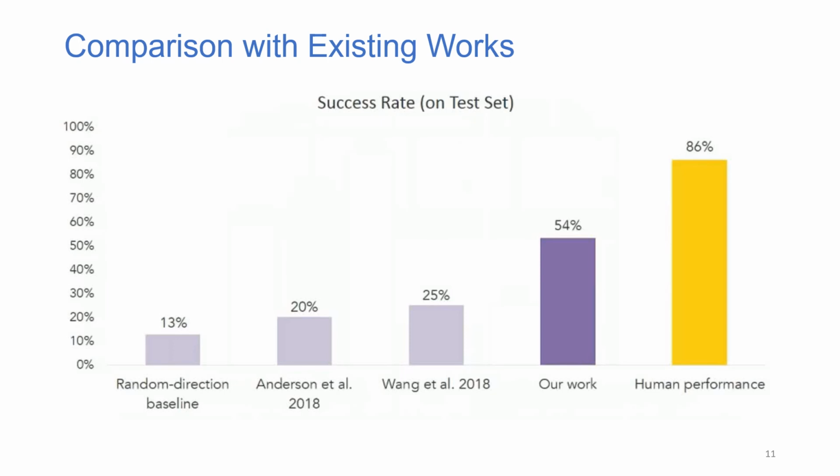However, compared to the works of Anderson and his team and Wang and his team, this work almost doubled the success rate, which was significant, and at that time this was the best performance quantitatively, and a very good improvement towards the human performance, which rests at 86% success rate.